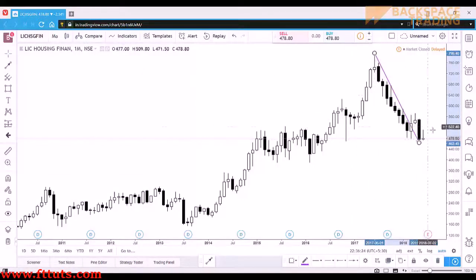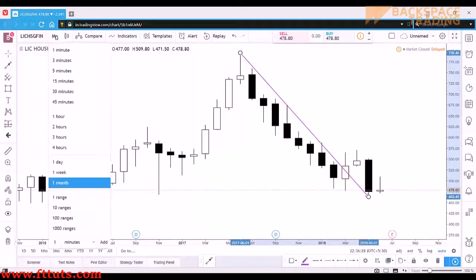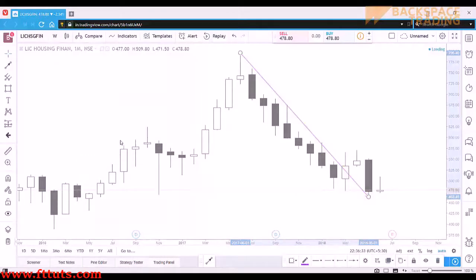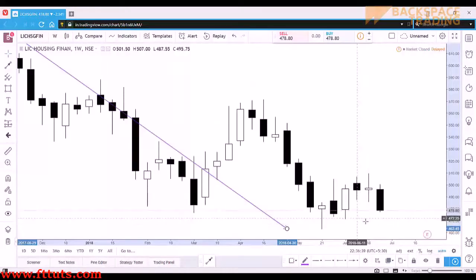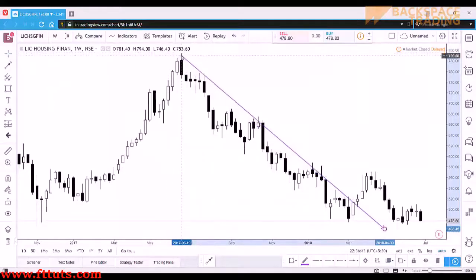Because it is on a monthly chart, and I'm going to zoom in and pick weekly. Yeah. So you see the weekly chart that's been displayed.